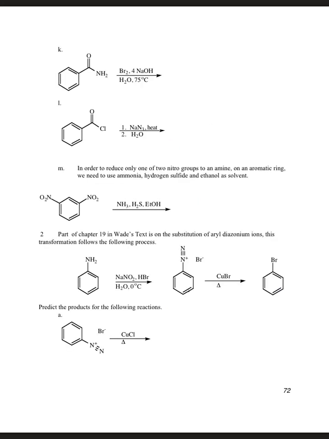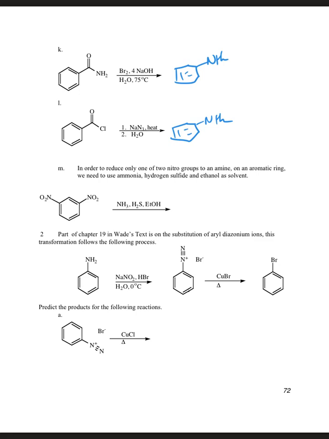On the next page, we have two reactions that rearrange. So what we end up with in both of these is the aniline, because we'll have a rearrangement occur where we migrate the aromatic ring over to the nitrogen.